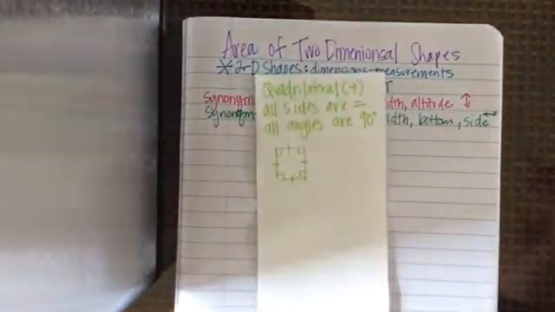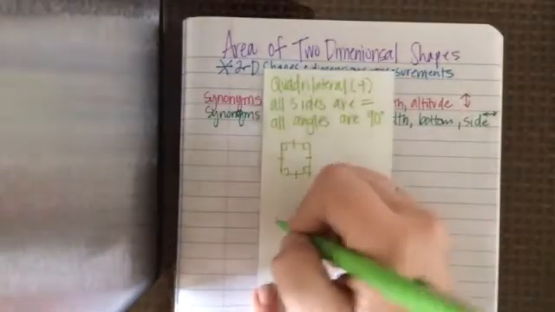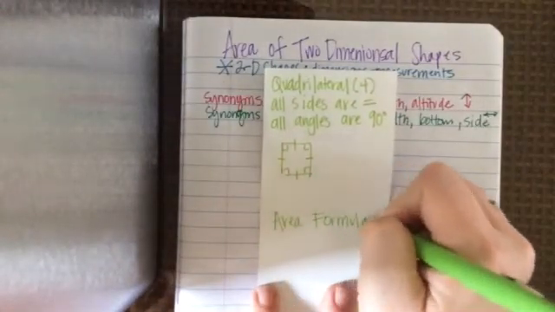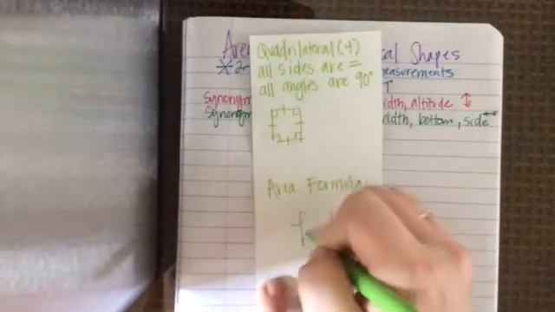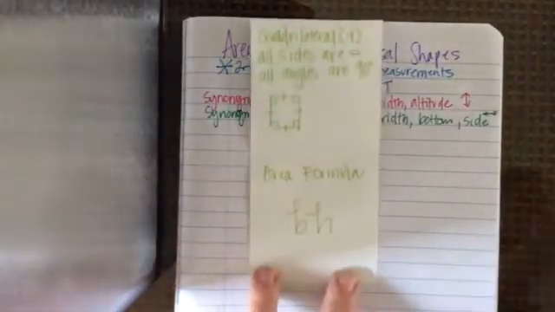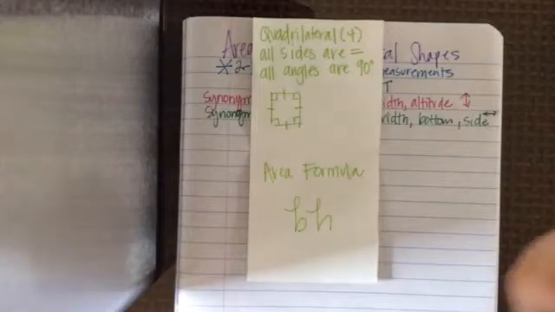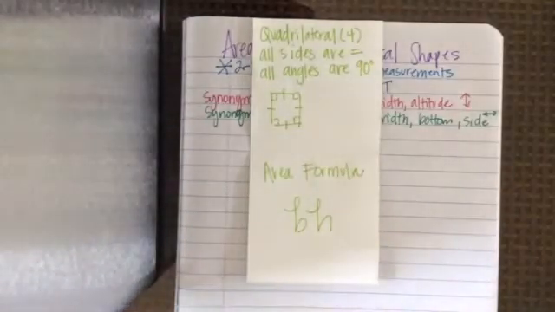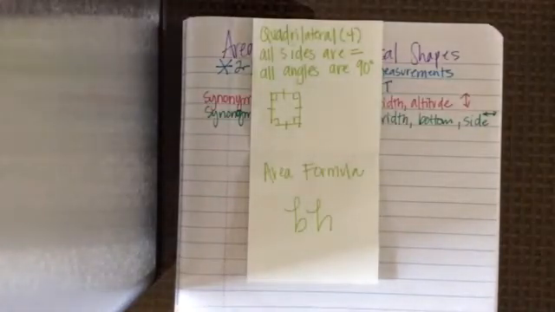The area formula is base times height. Now you could have heard it as side times side or even side squared. That's exactly the same as base times height.